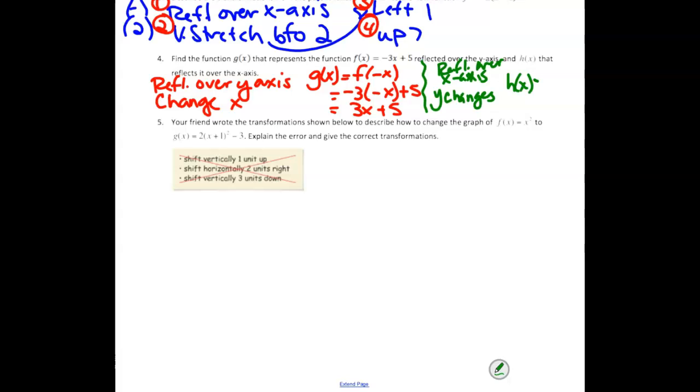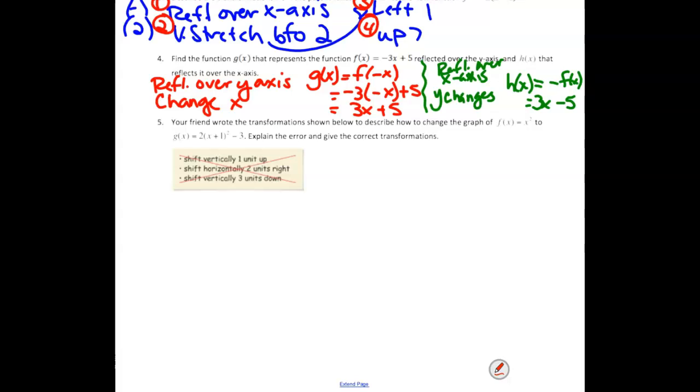It's going to take the opposite of my original function. So I want to make everything opposite. That means the negative 3x becomes positive. The positive 5 becomes negative. So reflecting over y just changes the x piece. Reflecting over x changes the y part, which is all of it.